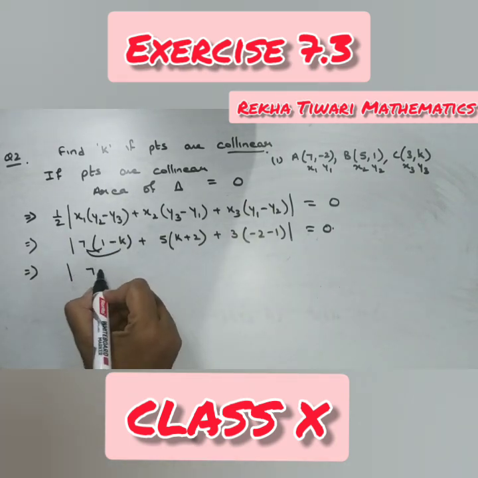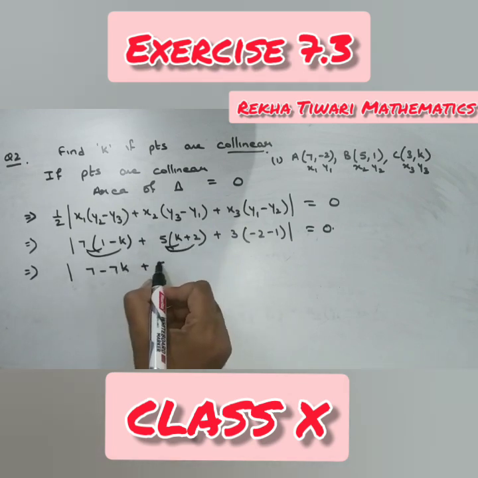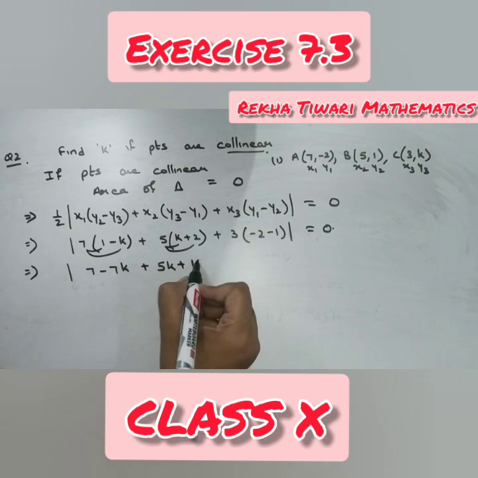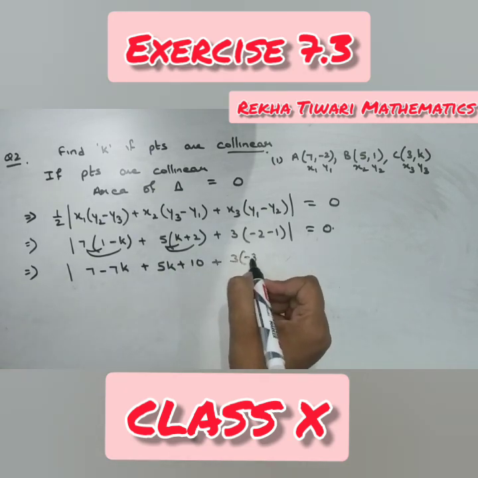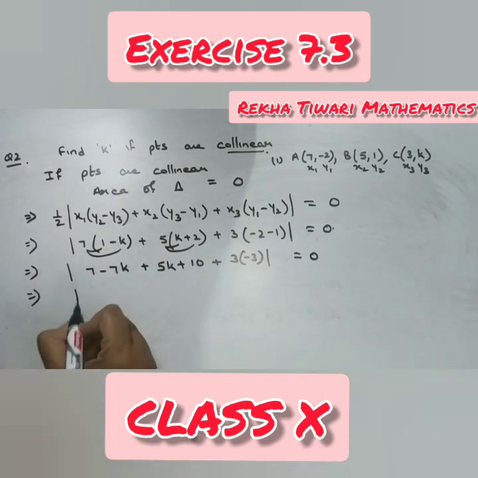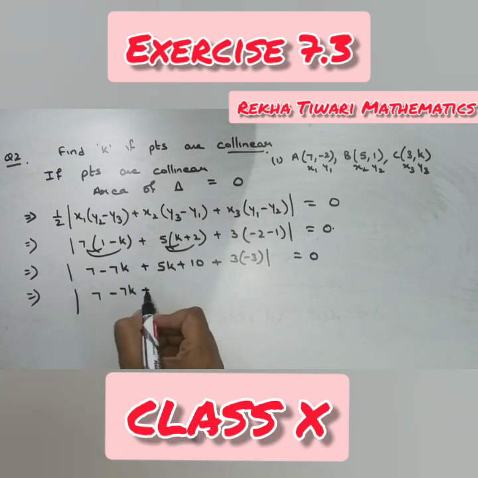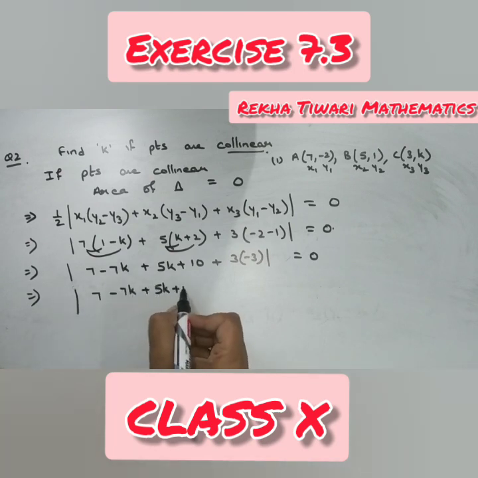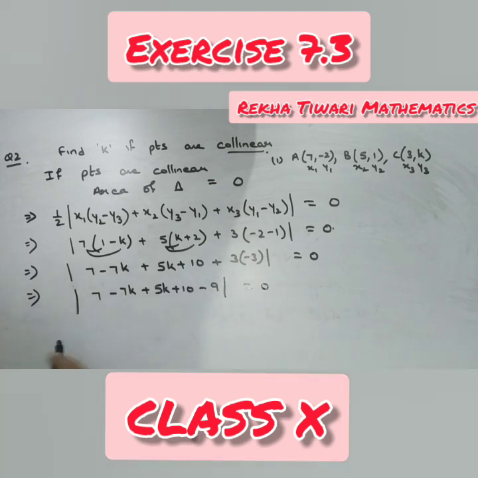So this is 7 - 7k + 5k + 10 + 3 into -3. Minus 2 minus 1 is minus 3, equal to 0. This implies 7 - 7k + 5k + 10 - 9. 3 threes are 9, equal to 0.